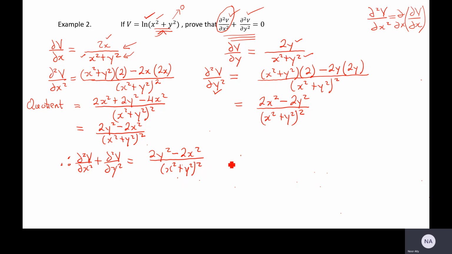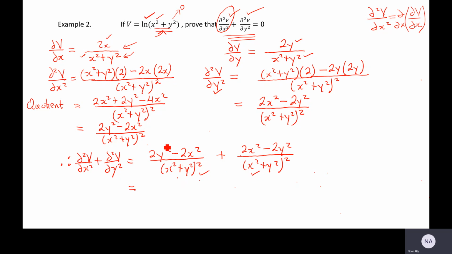Now we are going to add the partial d2v dy squared, 2x squared minus 2y squared, over x squared plus y squared all squared. Do we need to go any further? The LCD is the same.